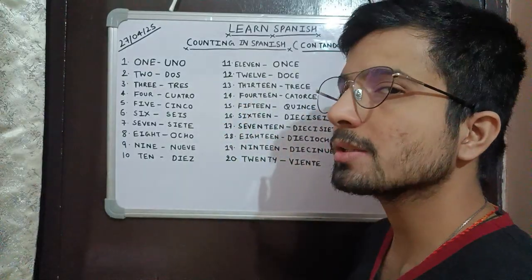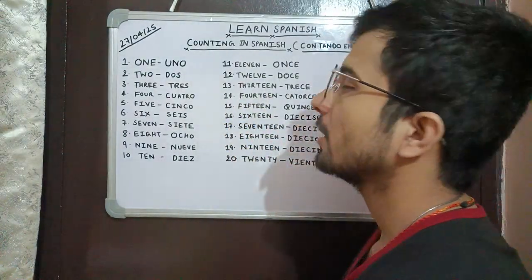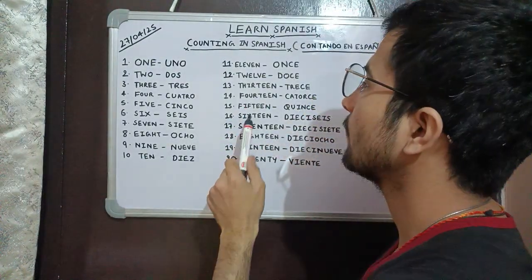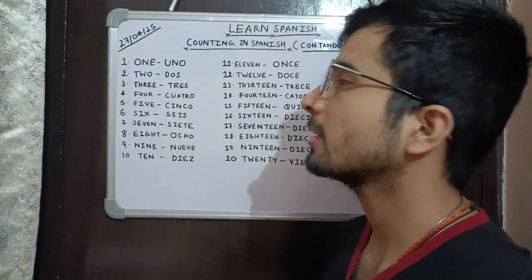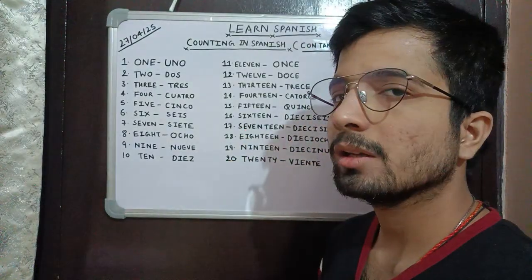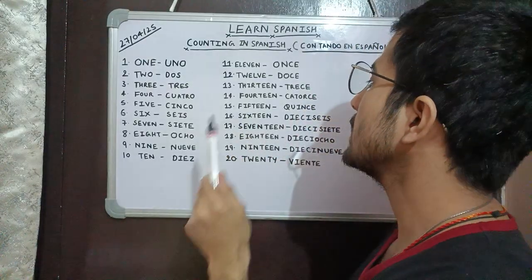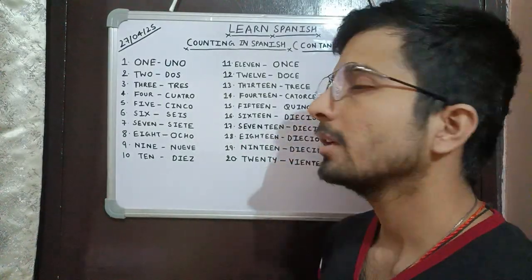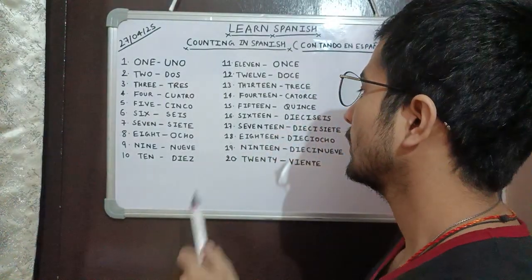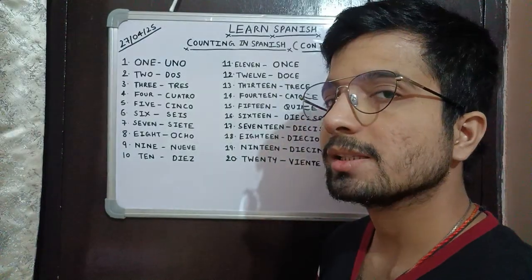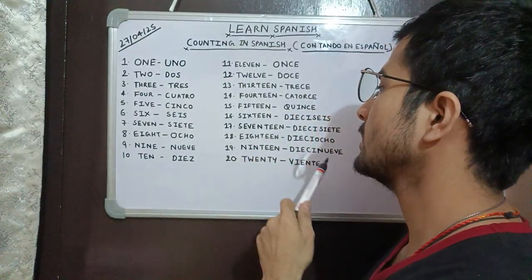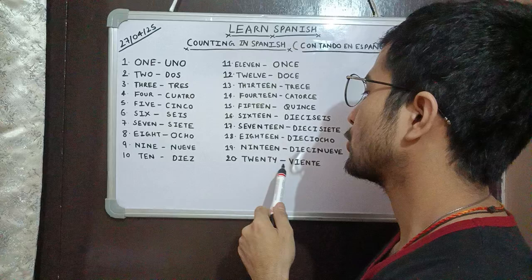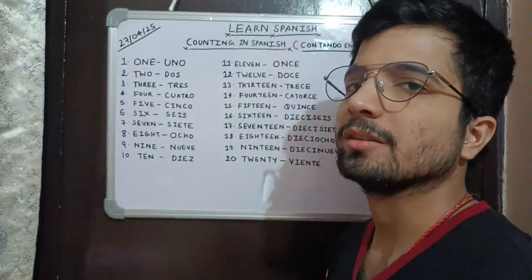Once, 12, doce, 13, trece, 14, catorce, 15, quince, 16, dieciséis, 17, diecisiete, 18, dieciocho, 19, diecinueve, last 20, veinte.